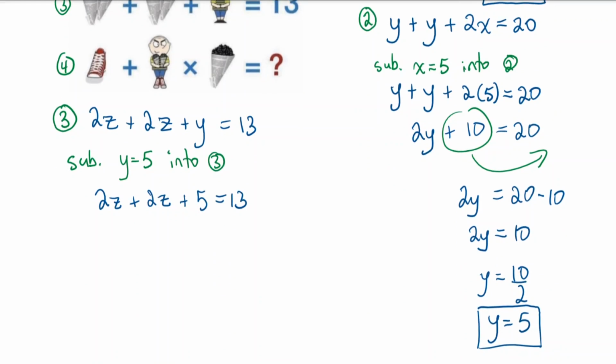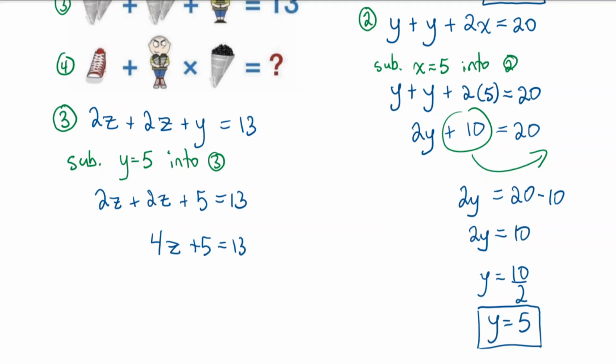All right, so let's try and solve for z. We only have one variable, so that's perfect. 2z plus 2z is 4z plus 5 equals 13. First we're going to bring this 5 over, and then we're going to bring the 4 over.